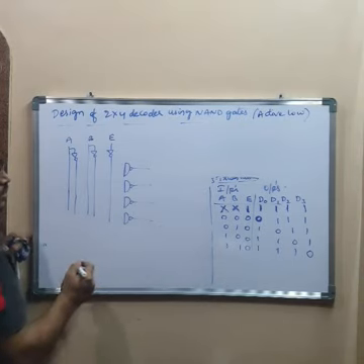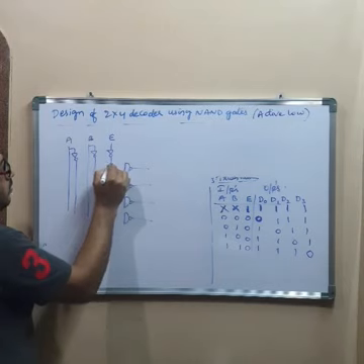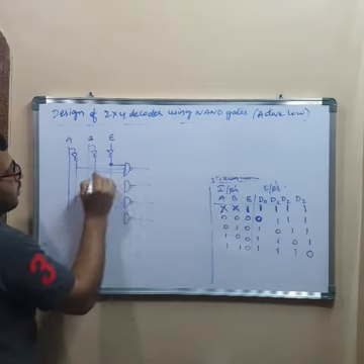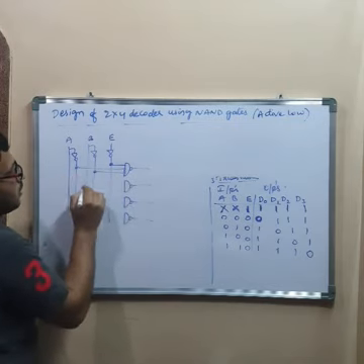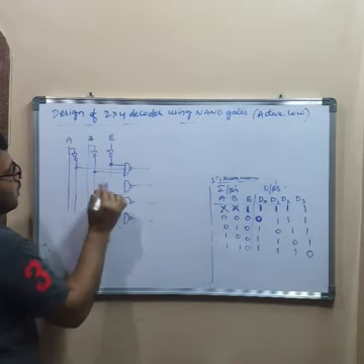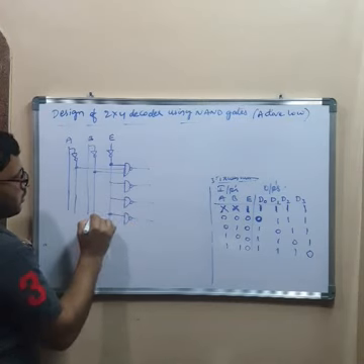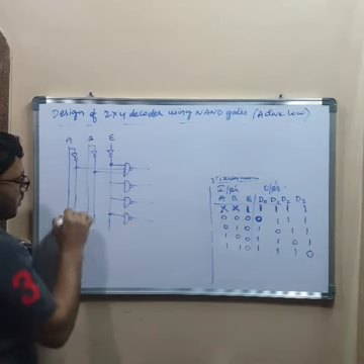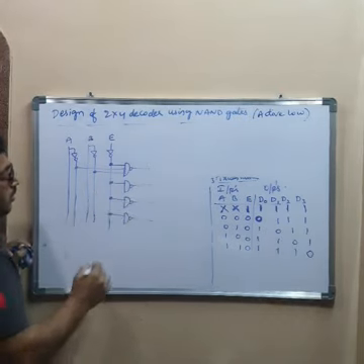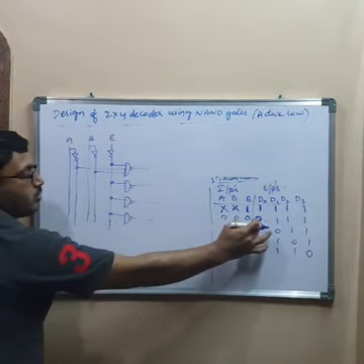First one is A bar, B bar, E. I will connect the enable input first. A bar, B bar. Next, A bar. I will connect the enable input to all the NAND gates first. When enable input is activated, for this combination the output is active.